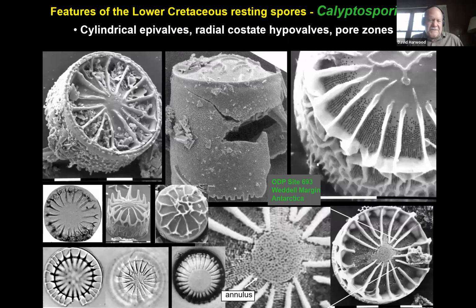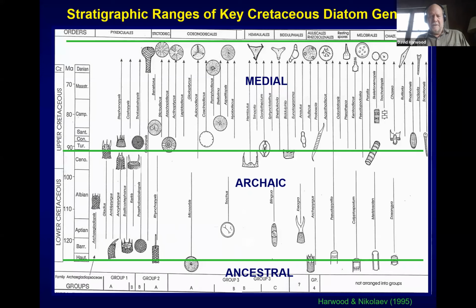And many of those valves do seem to match some of those features from these earliest 100 million year, 120 million year old stuff from Antarctica. We kind of divide some of this, for discussion purposes only, into those groups that may have given rise to diatoms, the very early ones within this ancestral terminology, or within this time interval from Lower Cretaceous through here, maybe calling that more archaic, because there appears to be a group that was living at this time.